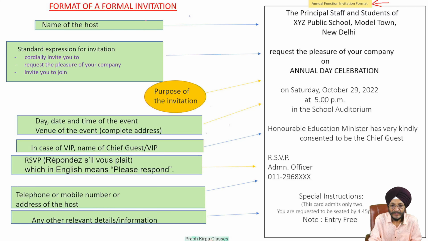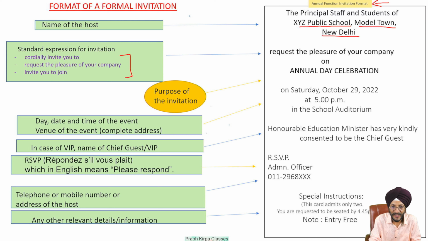In the same way, first comes the name of the host. Here the name of the host will be the principal, staff and students of the school. The name of the school has to be mentioned and the address is also given on the invitation. Then comes the standard expression for invitation.